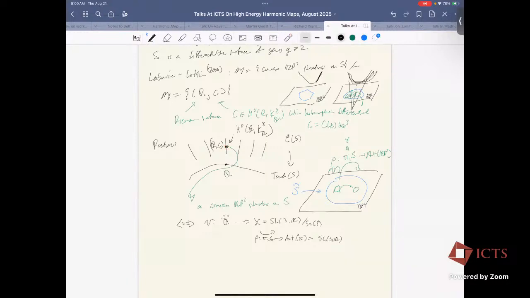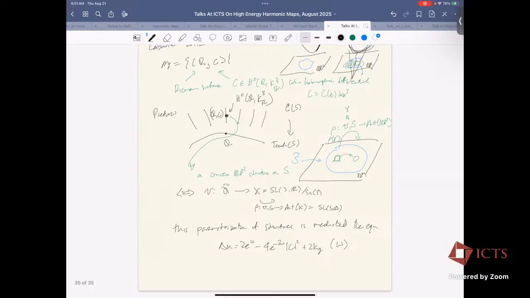Well, everything goes through this parameterization of structures, goes through the equation that we wrote last time, this wonderful equation with these wonderful signs that makes some of the people in the audience either jealous or disgusted by how easy it all is. This Ouyang equation, which I call W.